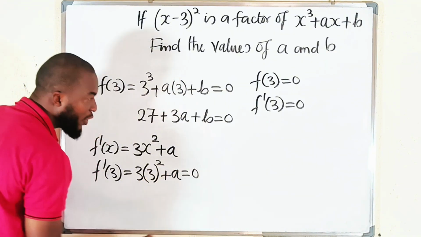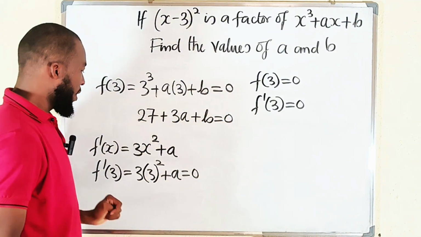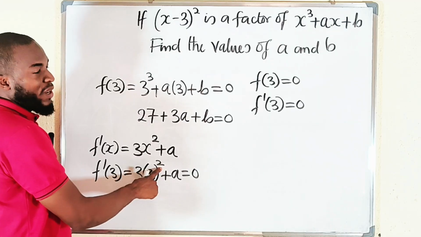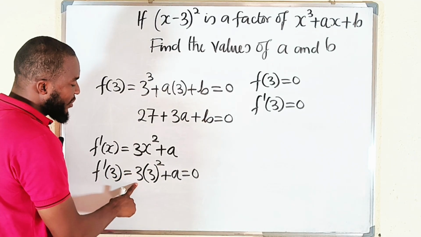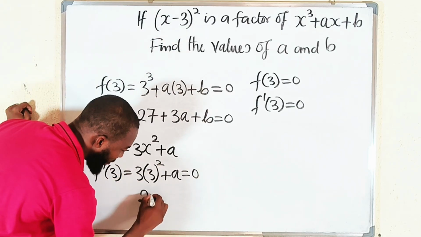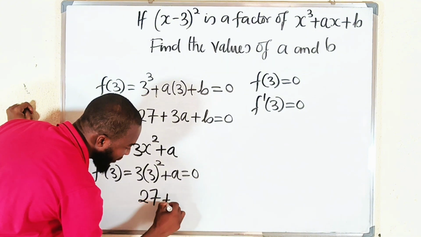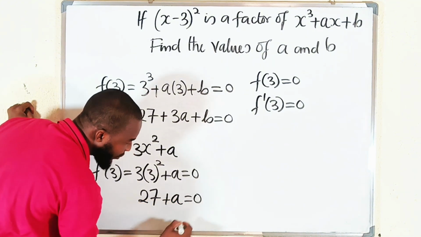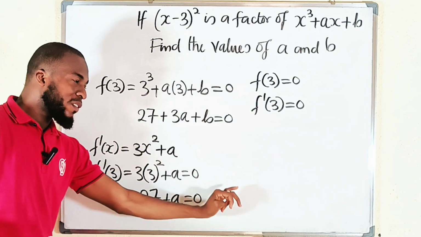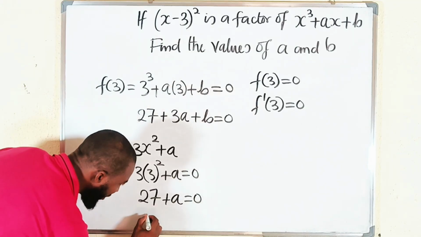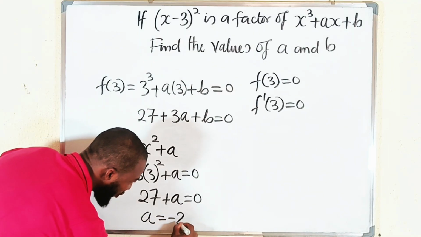This must be equal to 0 from here. 3 squared is 9, and 9 times 3 is 27. So we have 27 plus a equals 0. And if you take 27 to the other side, it becomes negative directly. So a is equal to negative 27.